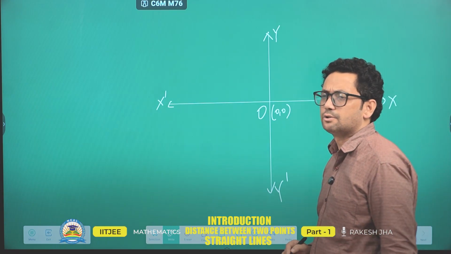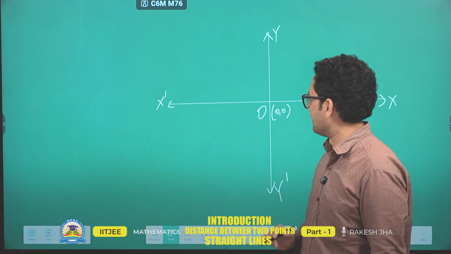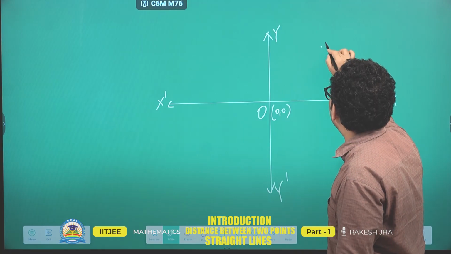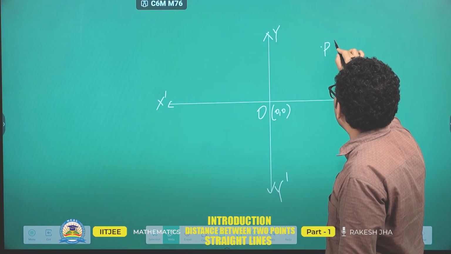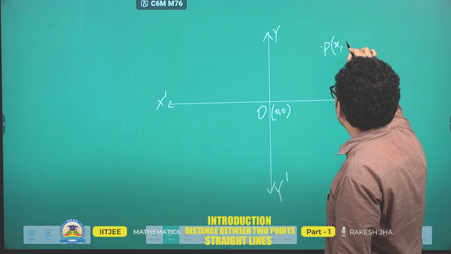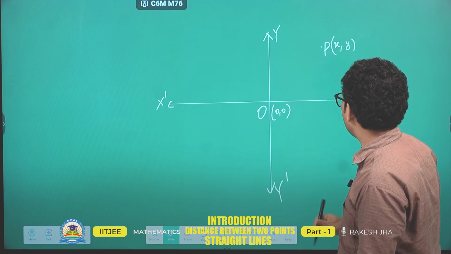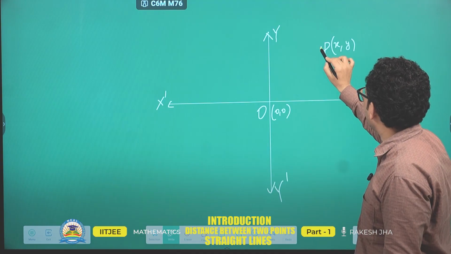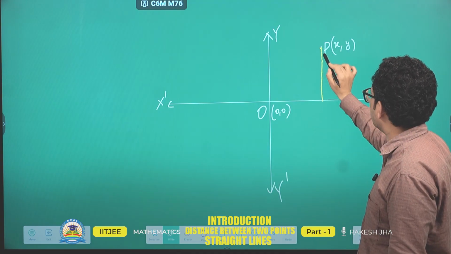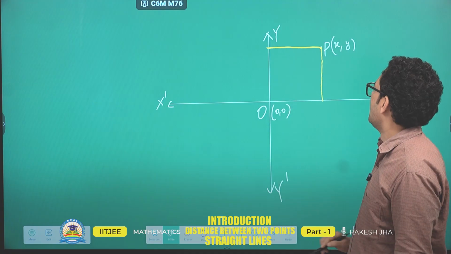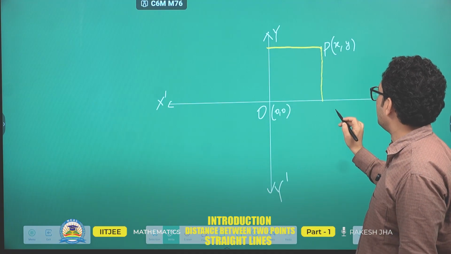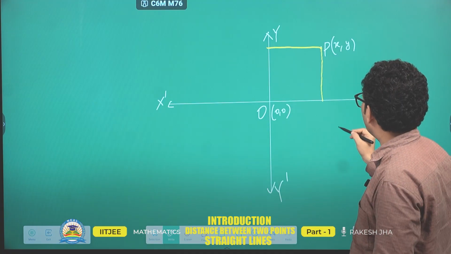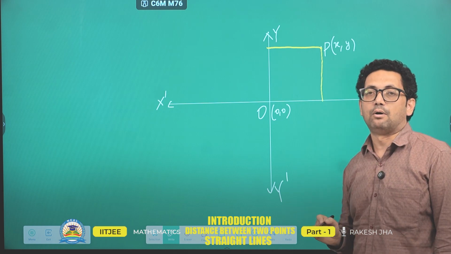In this, let's talk about any point, for example, P is a point in the plane and its coordinates are x, y. What does this mean? It means that we have to draw the perpendicular from point P on the x as well as y axis. And this perpendicular length basically gives the abscissa and the ordinate.